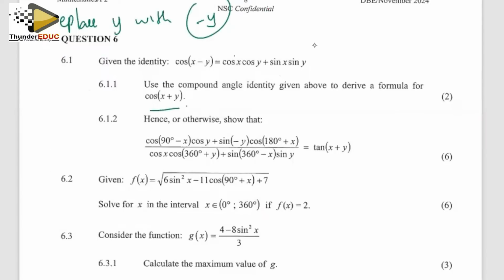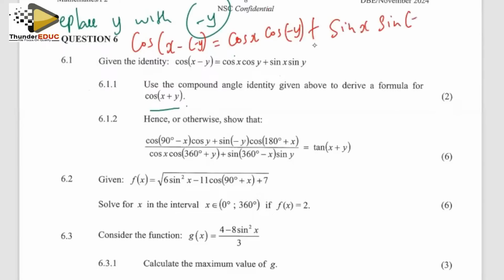Let y be equal to negative y. So then I'm going to have cos of x minus, now with the minus y, is equal to the cos of x and then the cos of negative y, plus I have the sine of x and then the sine of negative y. I know that this negative and negative will give me the positive, so I'll end up with the cos of x plus y is equal to cos x.